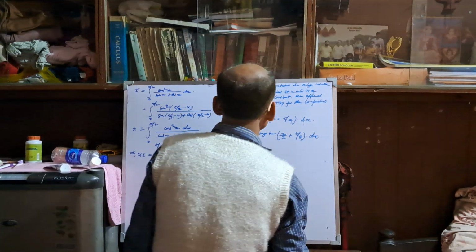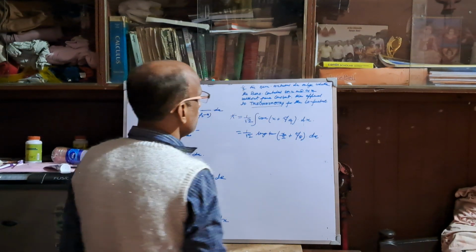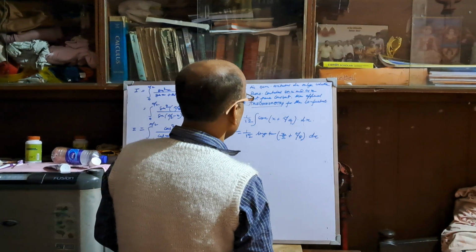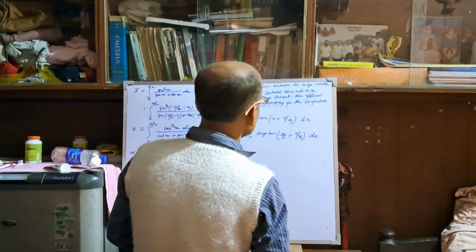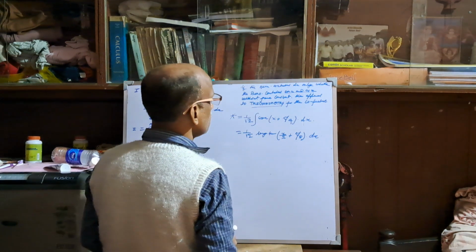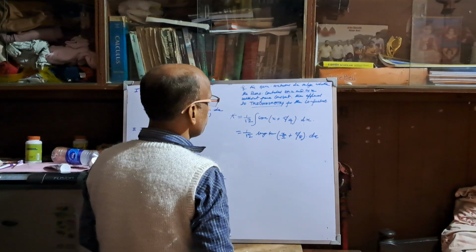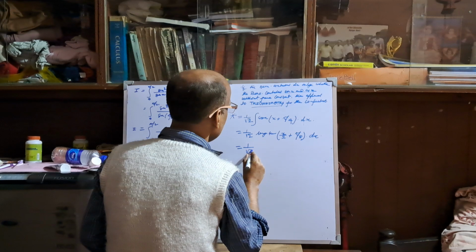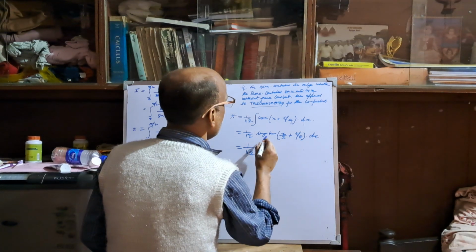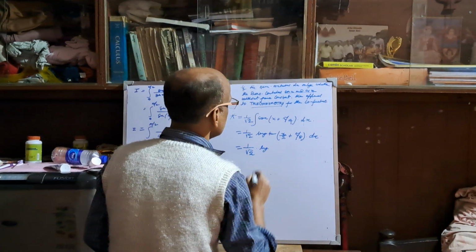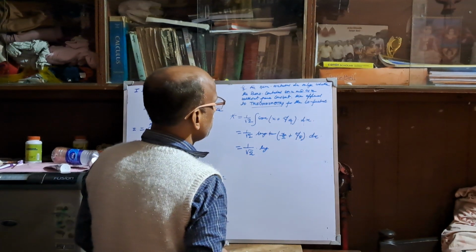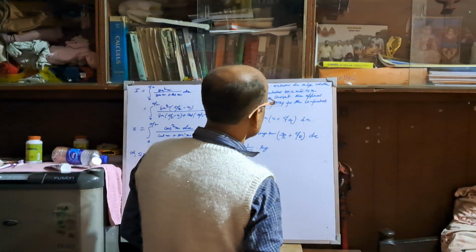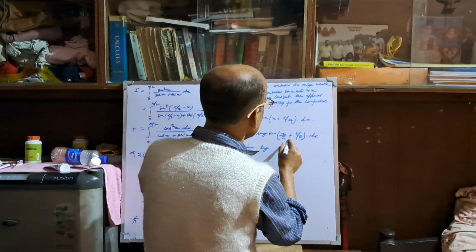Okay, so this is actually this part, and how we shall integrate this, you just see here, log tan of x by 2 plus pi by 8. And this part will be 1 by root 2, and this is log, and we shall evaluate it that way. This part is x by 2 plus pi by 8.